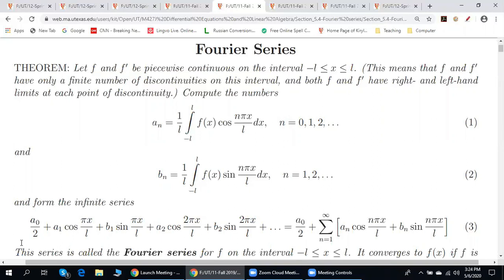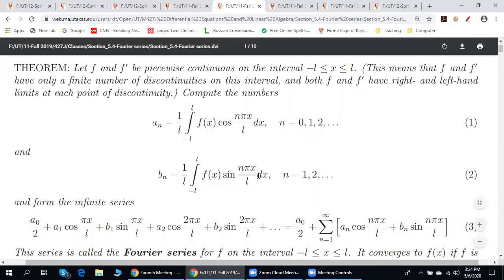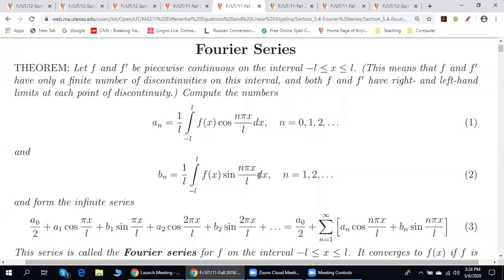Other questions? Why do the formulas have cosine n pi x over L and sine n pi x over L? Unfortunately, we do not have time to explain what is behind these formulas. But in short, in order to come up with these formulas, step 1, write the following expression. F of x is equal to this.